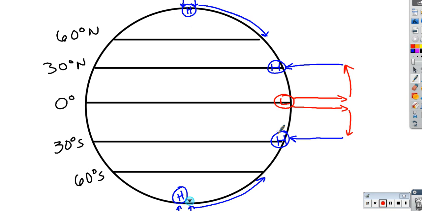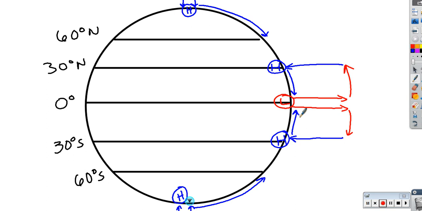Those are your deserts. And then to complete the cycle, now we have the surface winds, and the surface winds are driven from high to low due to the pressure gradient force, and they're winds that move from the higher latitudes towards the equator.